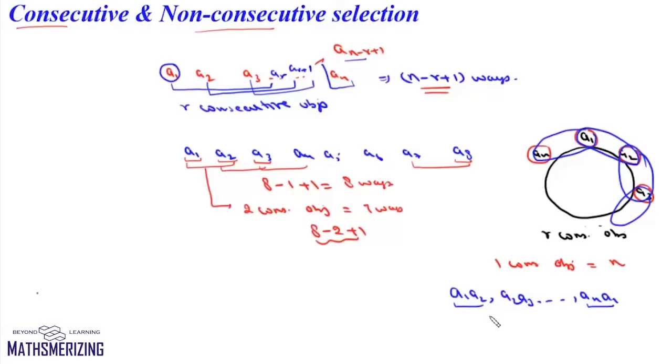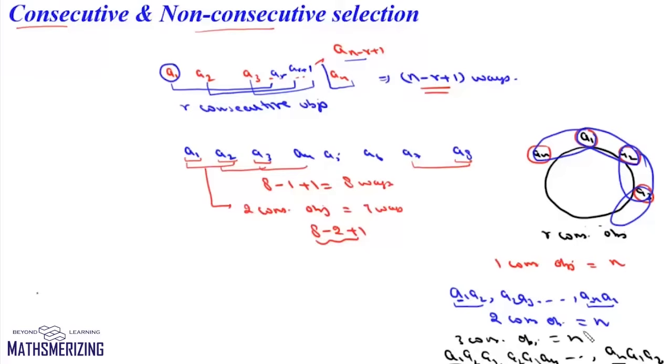So the total number of ways in which we can select two consecutive objects is simply n again. Now what about three consecutive objects? It starts with a1 a2 a3, a2 a3 a4 and finally an a1 a2. So again it starts with a1 and ends with an, so for three consecutive objects it is simply n.